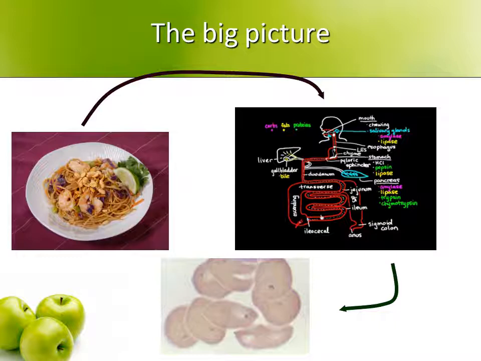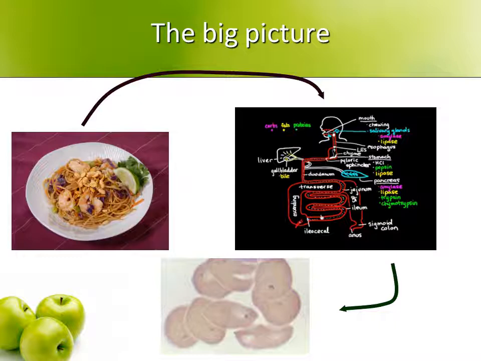So we're going to be talking about the breaking down, or digestion, of the nutrients, and then we're going to be talking about the absorption of the nutrients. That is how our body moves the nutrients from the digestive tract into our bloodstream so that they can then travel around and go to our body cells. You'll see our body cells are represented here at the bottom.